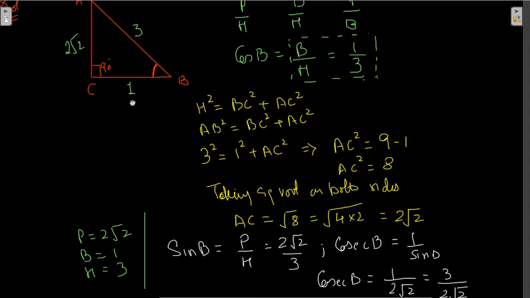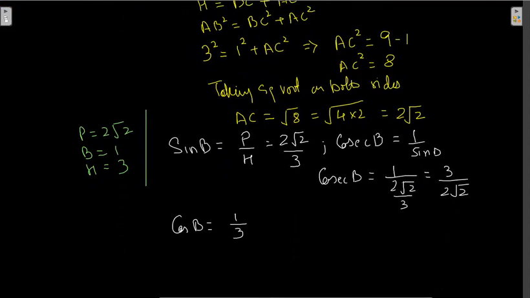The base is 1 and hypotenuse is 3. Anyway, it's given to us. And now we know that secant, the reciprocal of cos, is secant. And this becomes 1 over cos b, and this is equal to 1 over 1 by 3, and this makes secant 3.